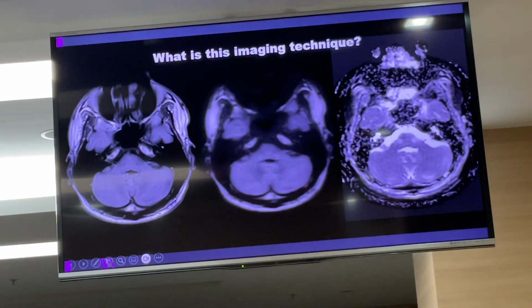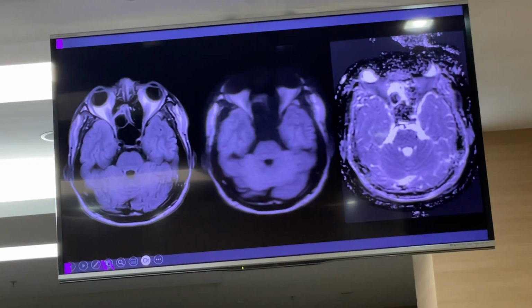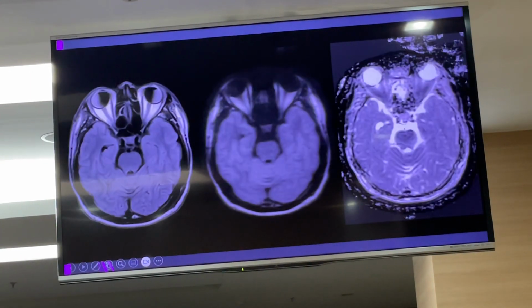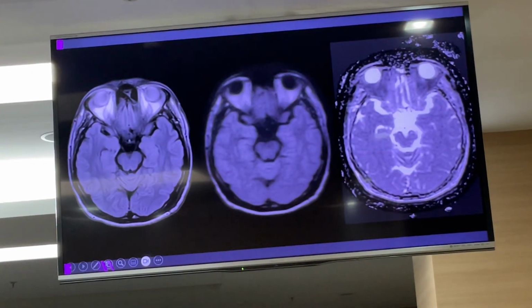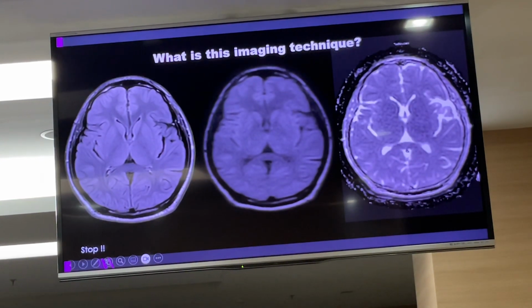If you have it, it's much better, right? This one can be evaluated. I mean, it can exclude a large infarct for the doctor. Okay. Anyone guess what this one is on the clinical scan?